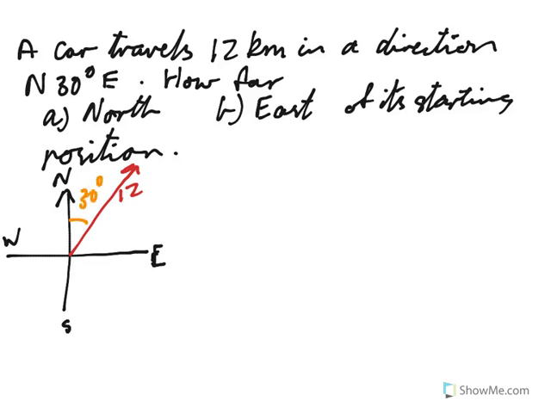We want horizontal and the vertical, or the northerly and the easterly components. So here's our northerly component, and here's our easterly component. Of course, they make a right angle. So for part A in the north one, the northerly component using trigonometry, it's just 12 cos 30.